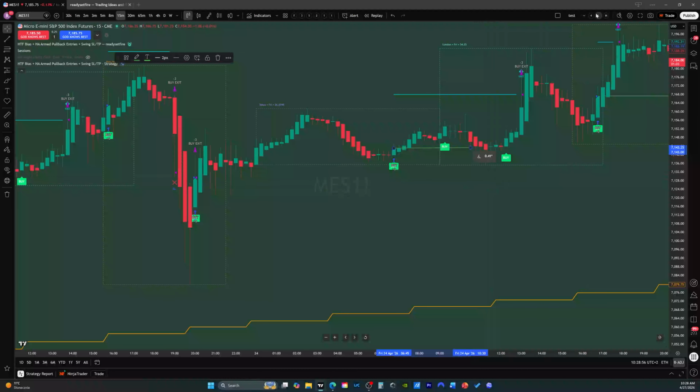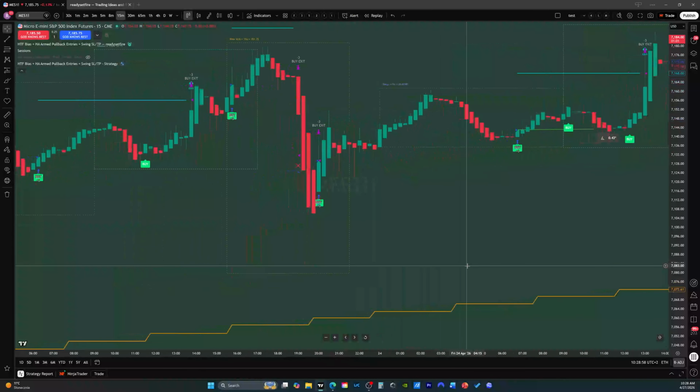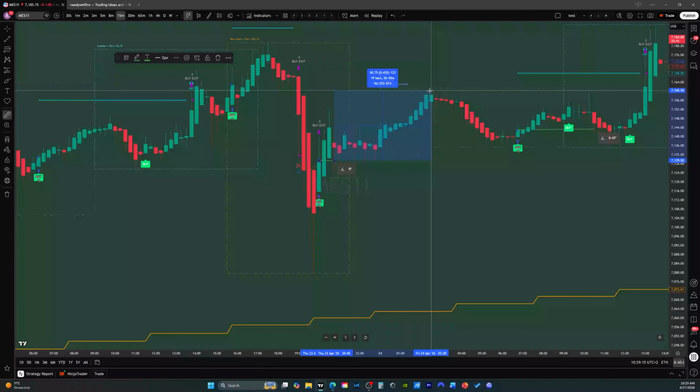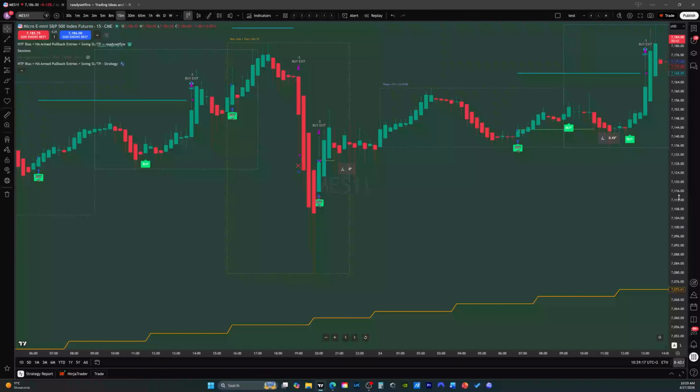Same stop loss. Boom, up. Entry over here: this one stops you out, but then you enter again, one more time. And then, boom, you got your 100 ticks.